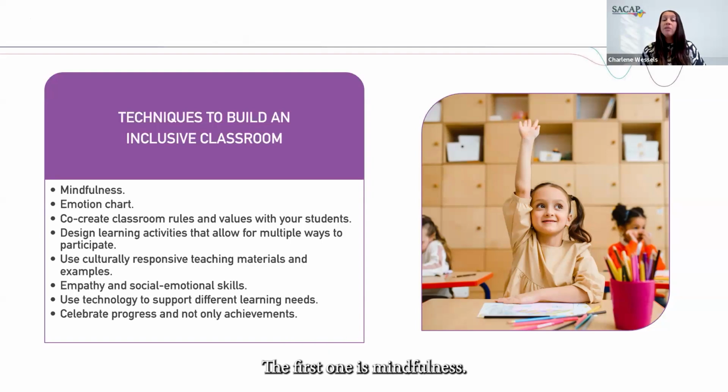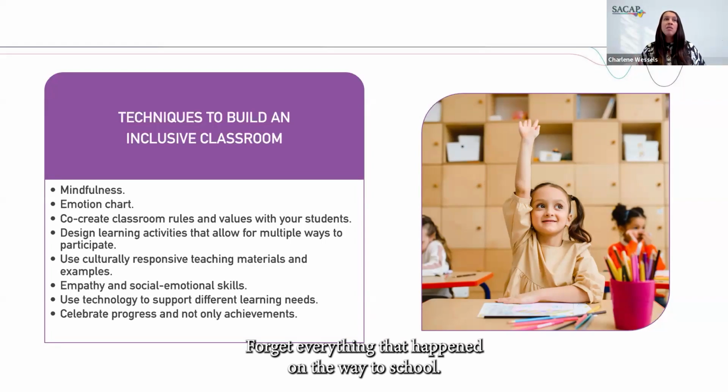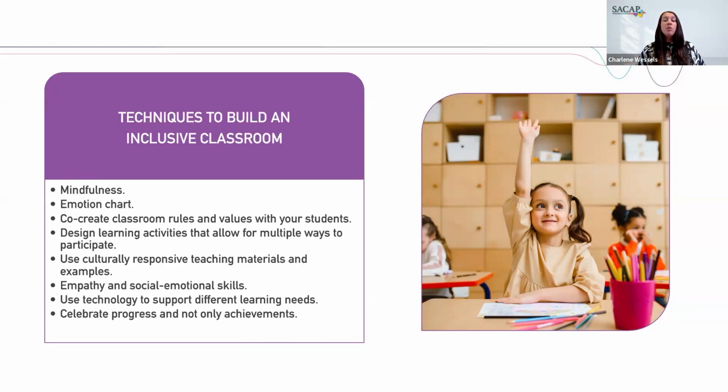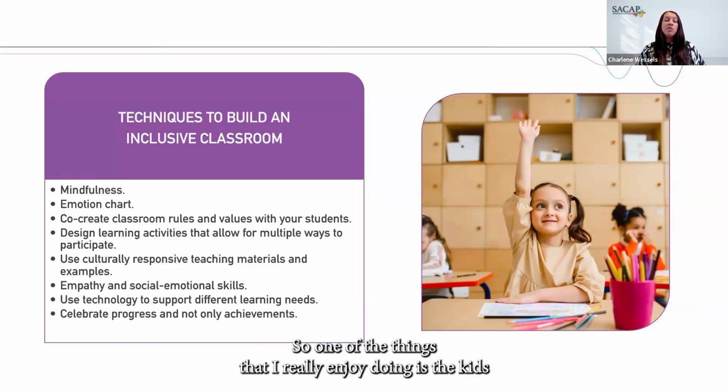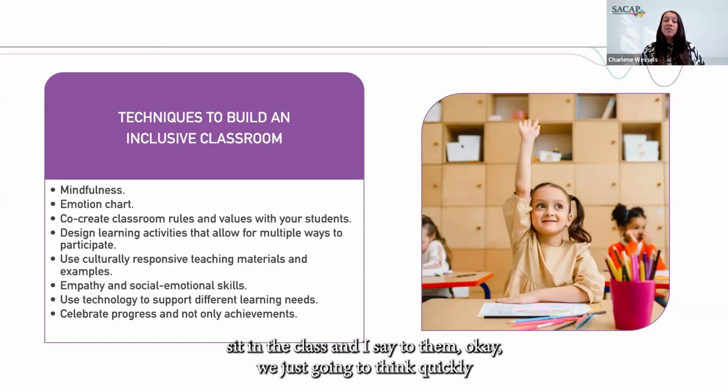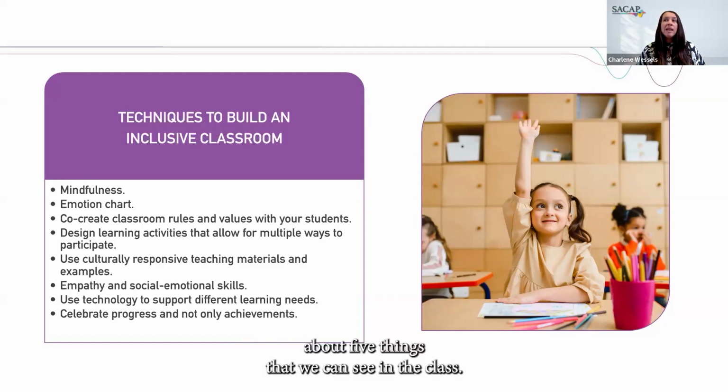The first one is mindfulness. I think it's so important that we remind children that they need to be present. They need to be present in the classroom, forget everything that happened on the way to school. So one of the things that I really enjoy doing is I let the kids sit in the class and I say to them, okay, we're just going to think quickly about 5 things that we can see in the class.